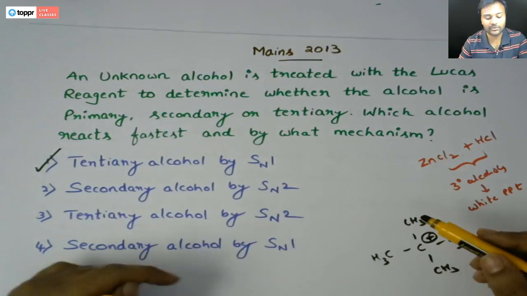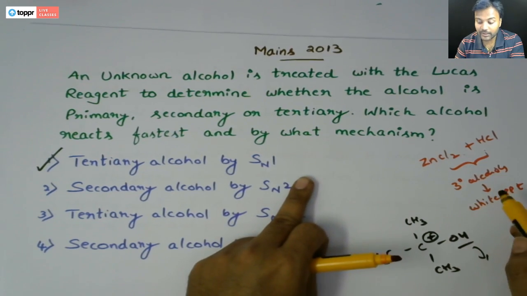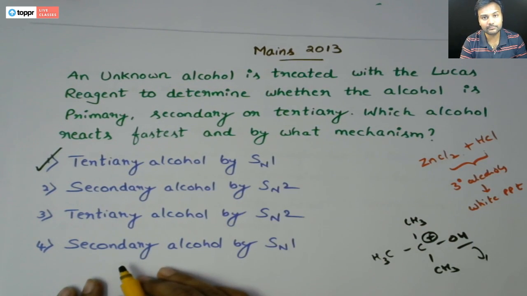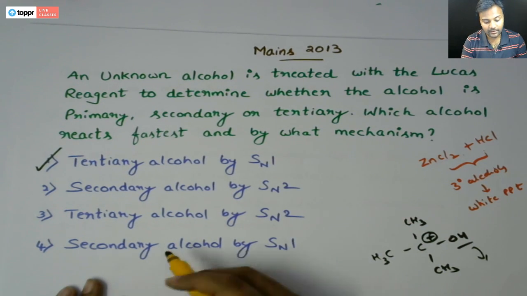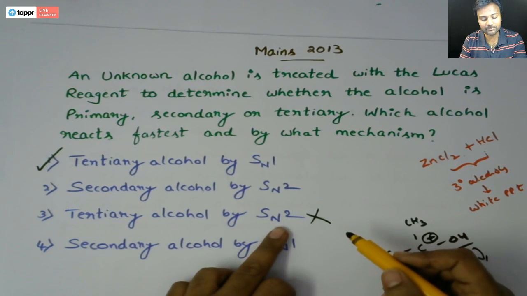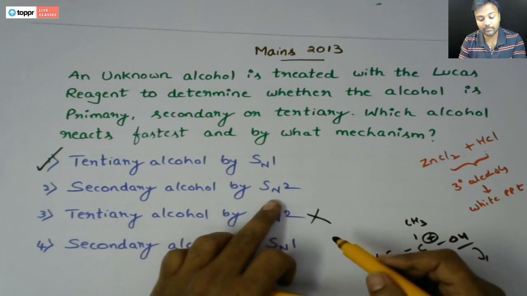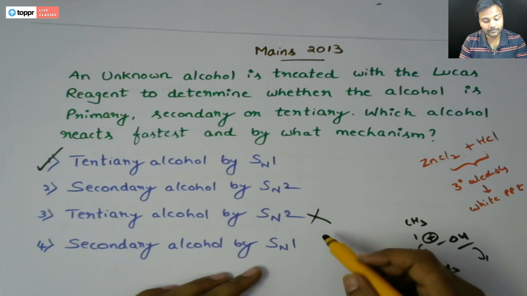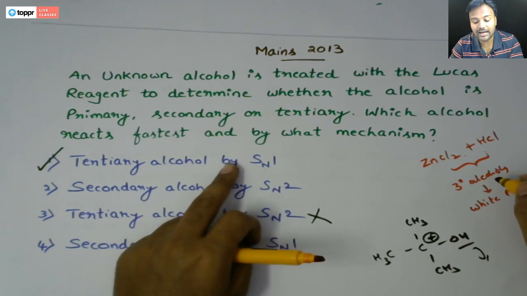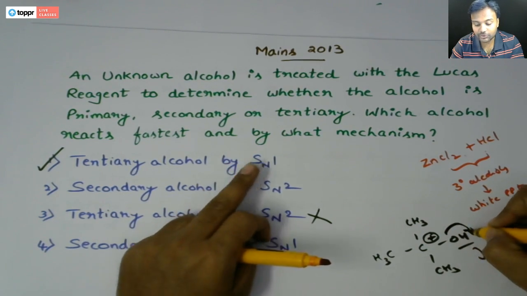I have the option here, tertiary alcohol by SN1 mechanism. If you think primary alcohols give a positive test, there is no such option. That option can be ignored easily, because a tertiary alcohol is not a primary alcohol by SN2 mechanism. Now secondary alcohol by SN1, secondary alcohol by SN2. Yes, it is the tertiary alcohols that give immediately the white turbidity.